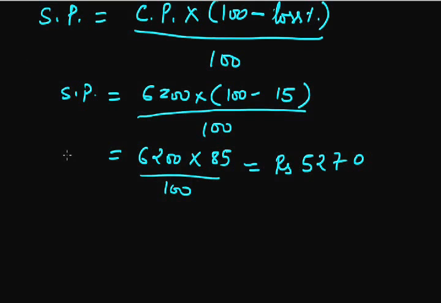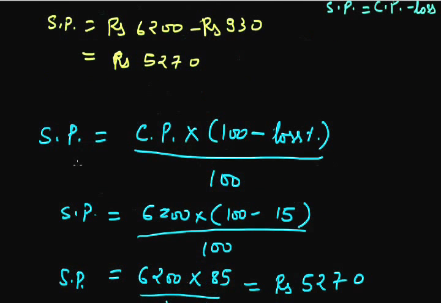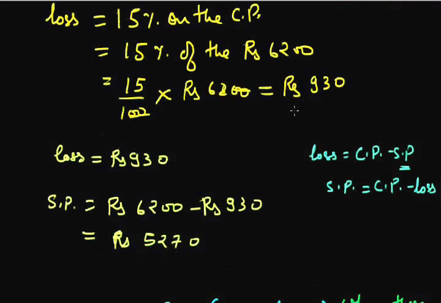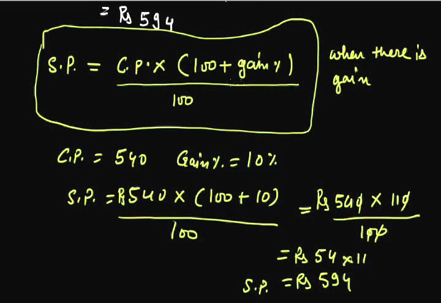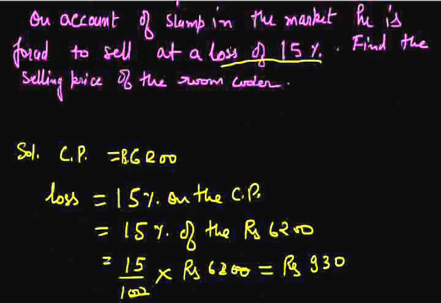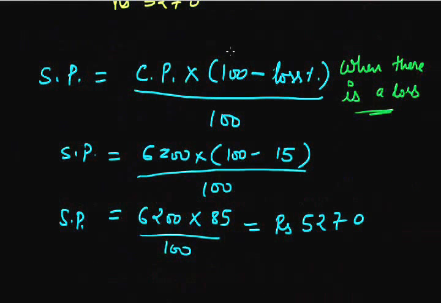So it is a short method to calculate the selling price directly, but you have to remember that this formula is applicable when there is a loss. Whenever there is a gain, we have to use the gain formula. That is, when there is a gain we add the gain, and when there is a loss we subtract the loss.